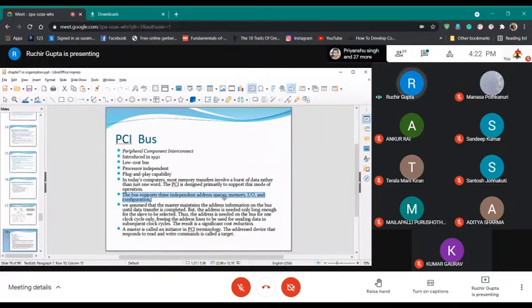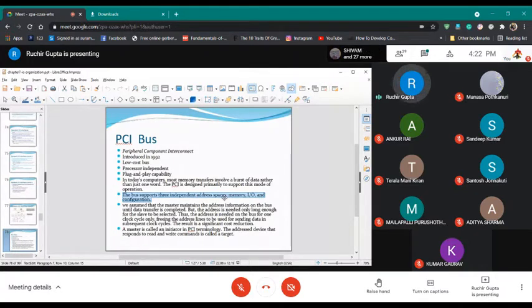So there are a few things that I have said that we are going to use it for burst transfer, that is successive memory location data transfer. It is plug and play, and it supports three kinds of address spaces: memory, I/O, and configuration. I/O address space is to be used with the processor.